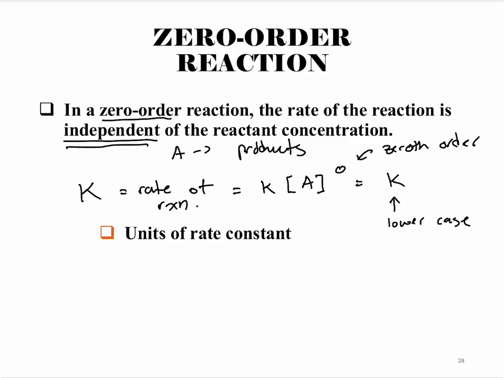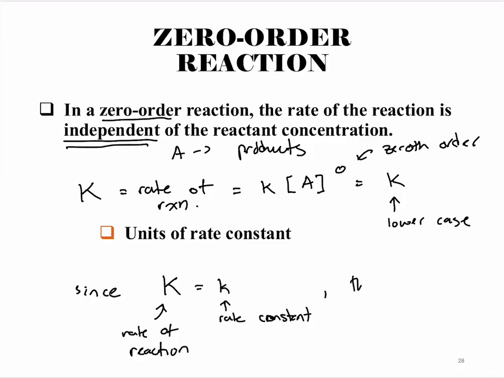So that means that since uppercase K is equal to lowercase k, this is our rate constant and this is our rate of reaction, the units must match.